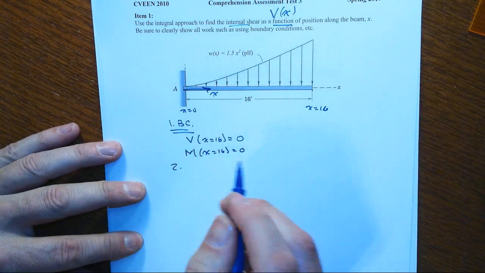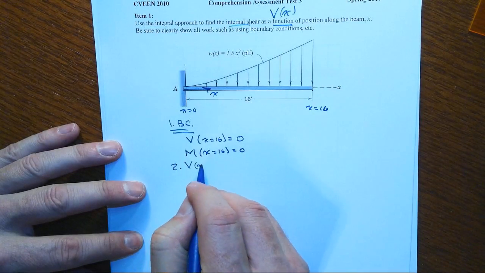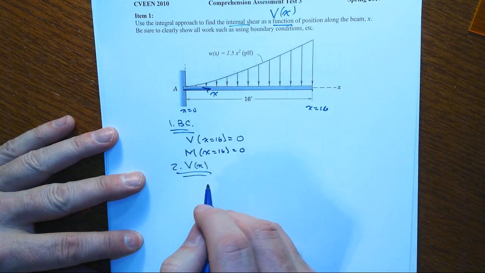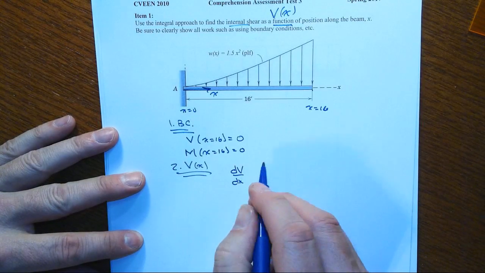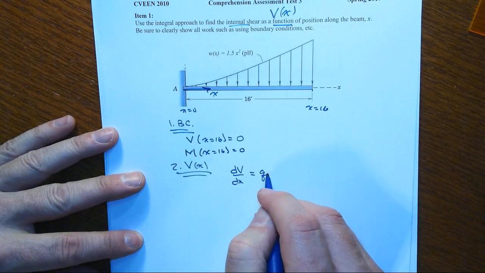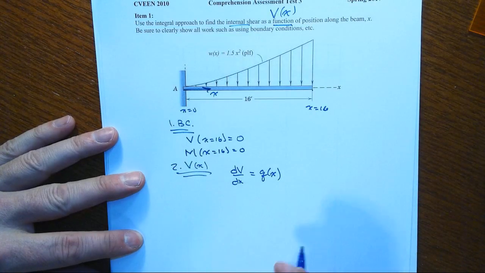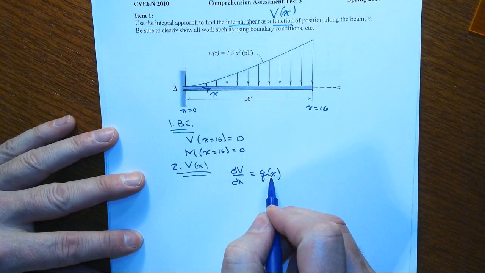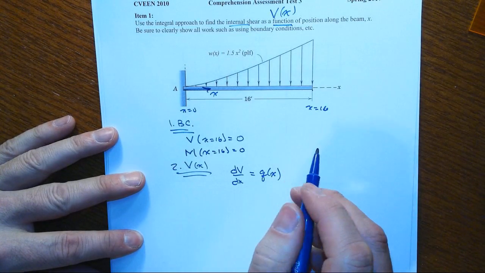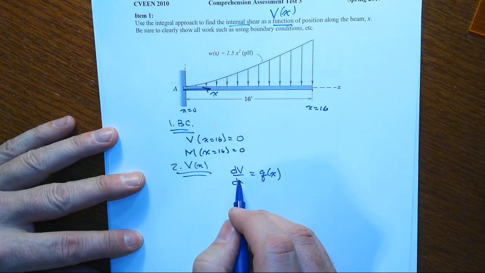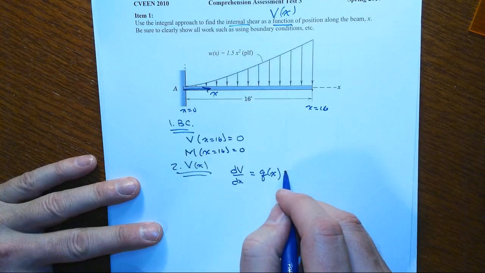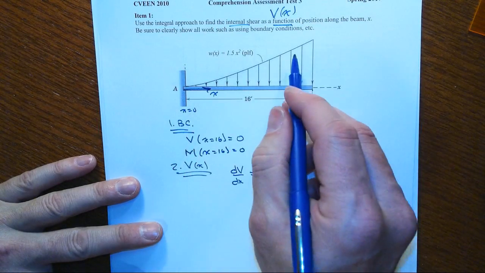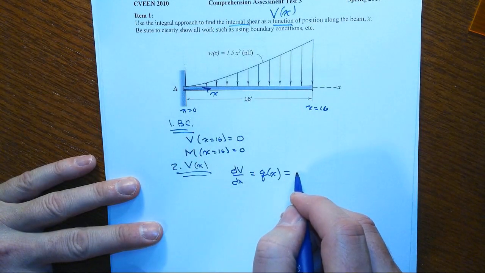And then we're going to go find our shear function by recognizing the differential relationship between load and shear, that the slope of the shear is equal to the intensity of the load. So the derivative of shear, the slope of the shear diagram, is equal to the load intensity. The load intensity here is the value of our distributed load, however positive is upwards.